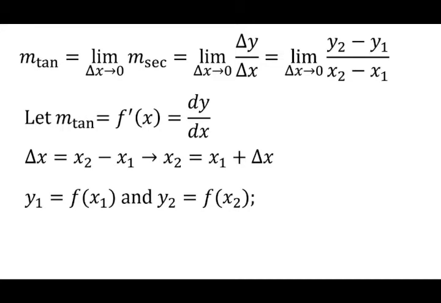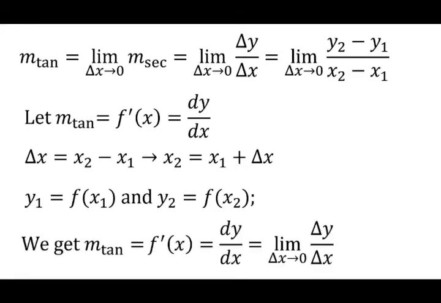And yung y sub 2 is equal to f of x sub 2. So we get the slope equals f prime of x equals dy over dx equals the limit of change in y over change in x as change of x approaches 0.